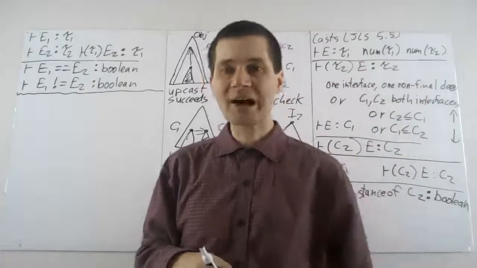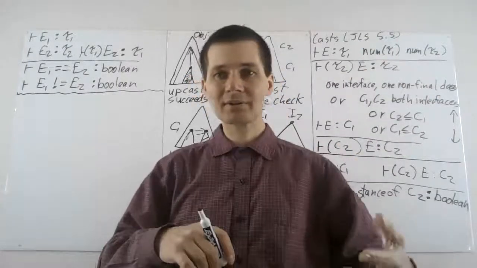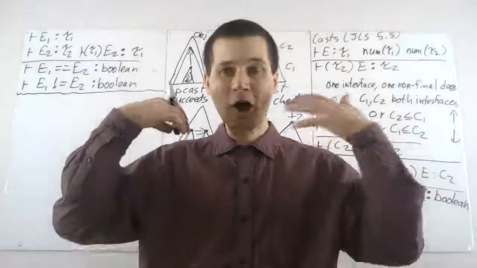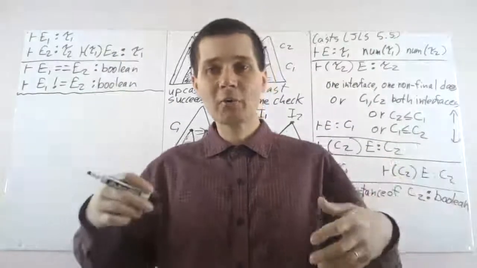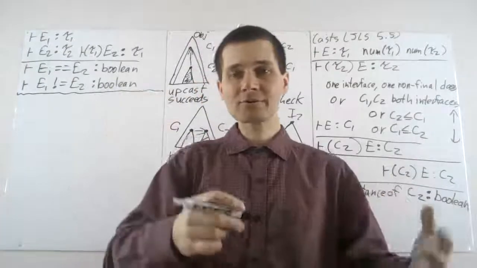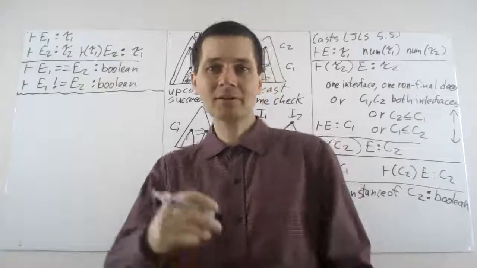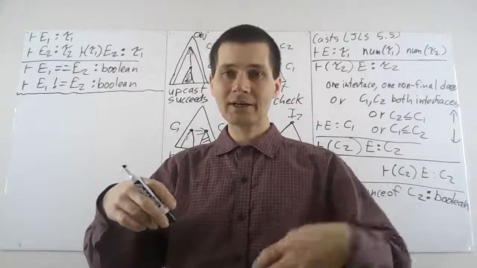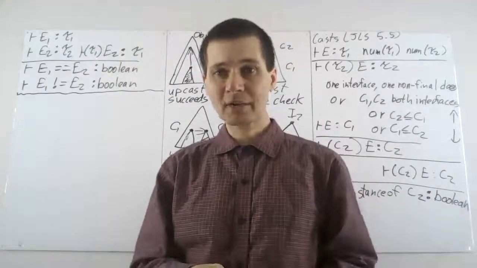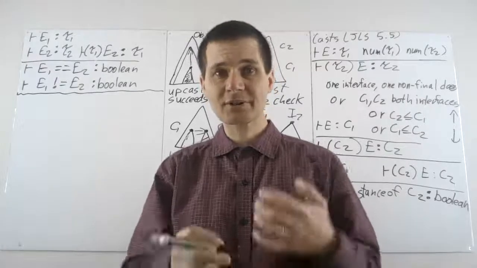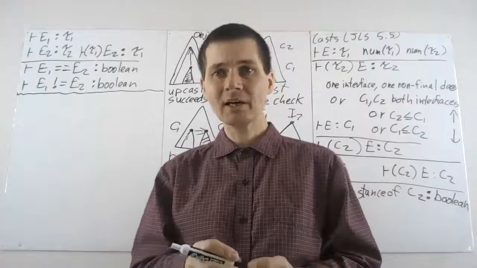Starting from Java 5, the language got an auto boxing feature where if you use something of type integer in a place where you need something of type int, it will insert such conversions or such method calls automatically for you.